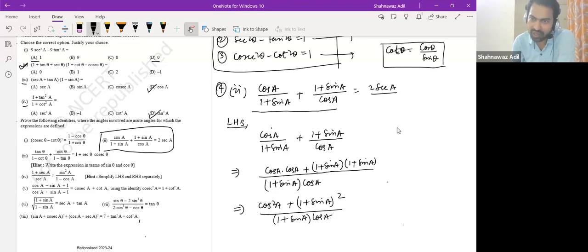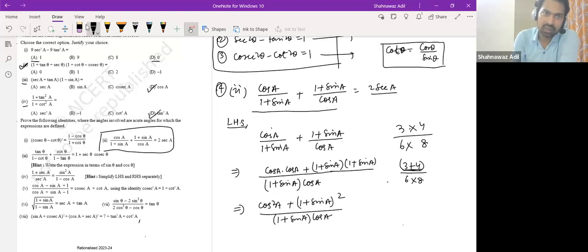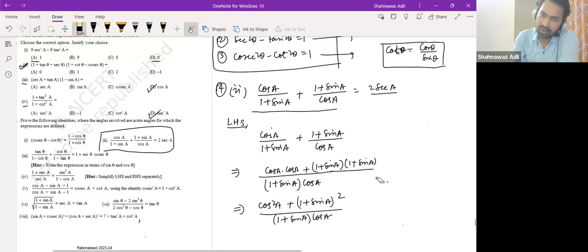Whenever there are factors, like 3 into 4 divided by 6 into 8, these are factors, so we can divide or multiply. But if we have 3 plus 4 divided by 6 into 8, we cannot divide, right? These are not factors. This whole one is a factor. Okay, so now we have this.